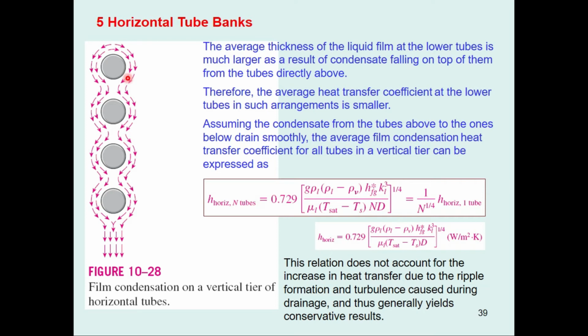So this expression does not consider these two effects. To consider these two effects, we have to use another heat transfer coefficient expression, which is beyond the scope of this lecture.